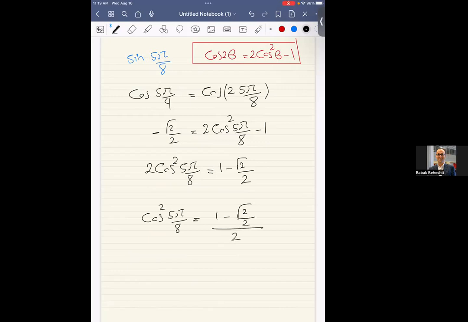And we know that sine square of 5/8 is just 1 minus cos square. Now, what is sine square of 5/8? 1 minus cos square. So you have cos square. What is 1 minus this?